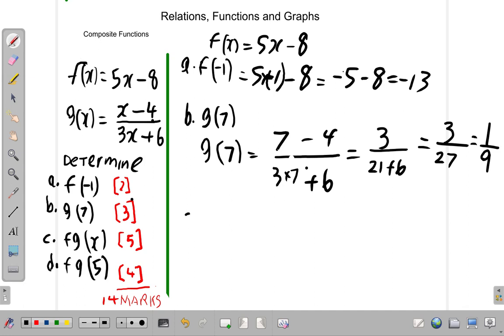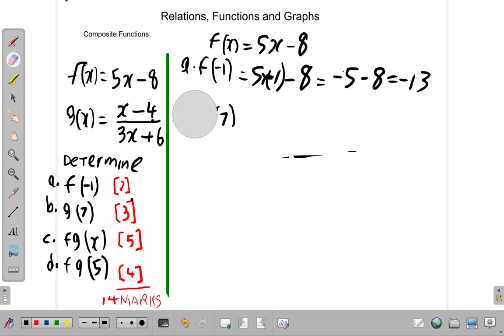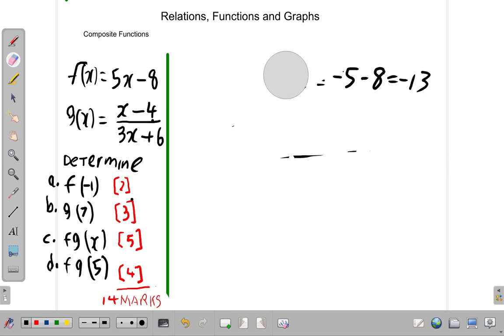Let's look at C. fg of x. In fact, we're going to need a bit more space, so let me just erase what I have up here and start from the top here.